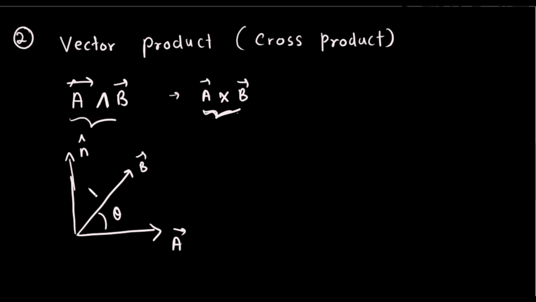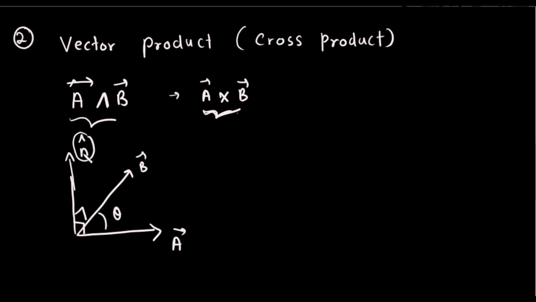This n hat vector is perpendicular to A, and it is also perpendicular to B.